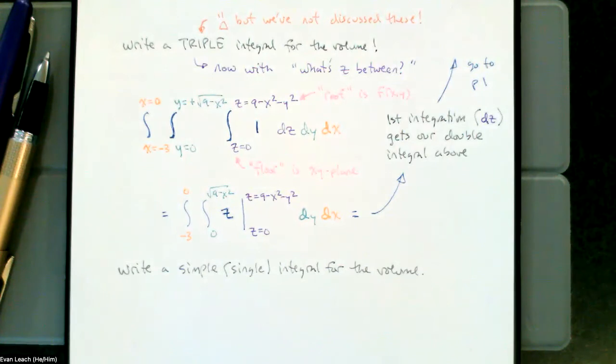Next thing would be to go back and write a simple, single integral for the volume. Technically, we already have one. But for this, you could think of maybe trying a solid of revolution.